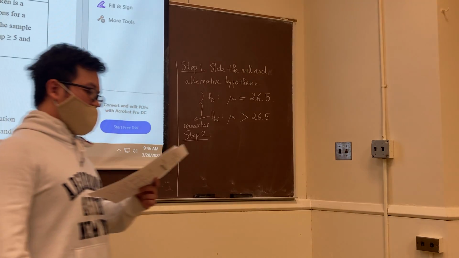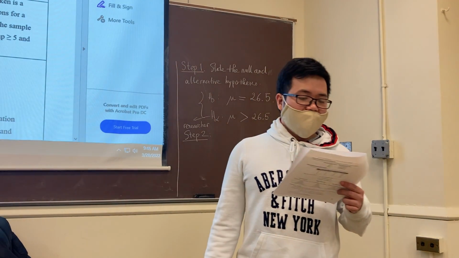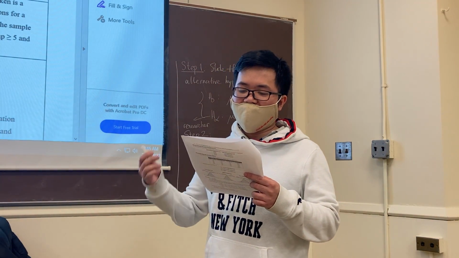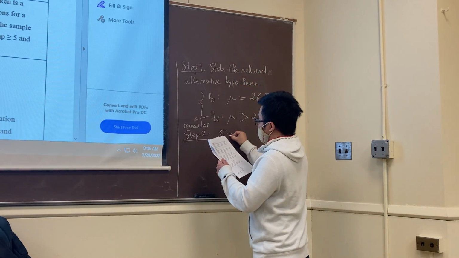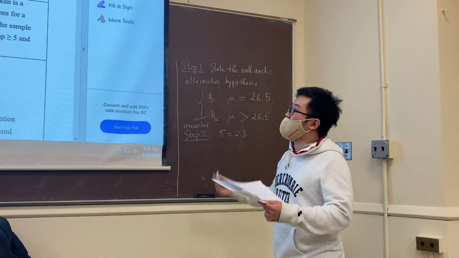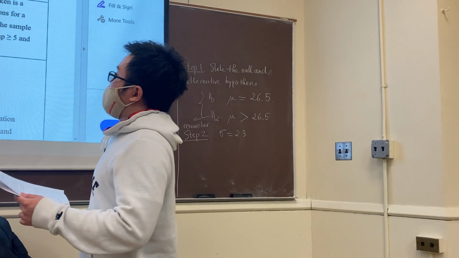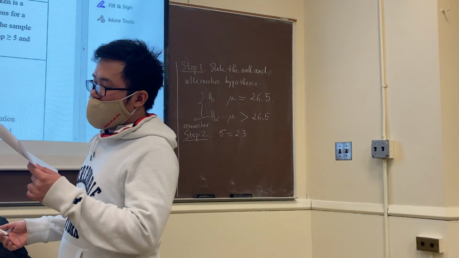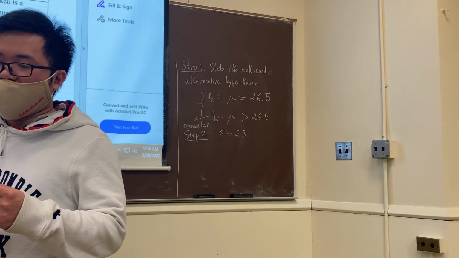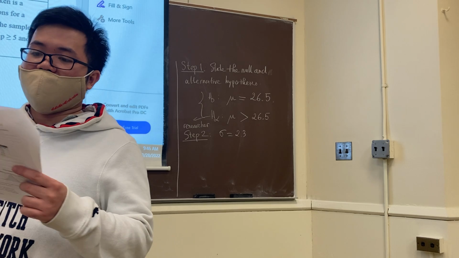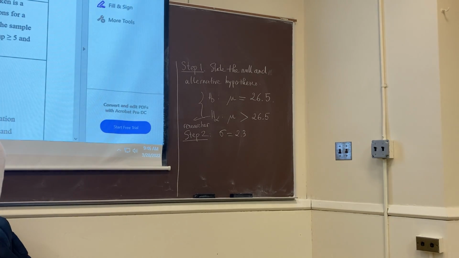And let you see in the example. So you have the population standard deviation, right? The standard deviation is 2.3. Okay, that's fine. Satisfies the first one. The sample taken is a simple random sample. You look at the question, surveying a simple random sample. So it satisfies the second condition, right? Okay. And the sample size is at least 30.